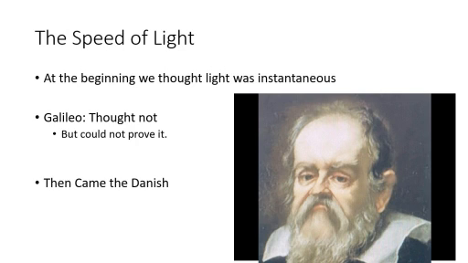And so he would use an experiment where him and somebody else would be on two opposite mountains, or two opposite hills. They would turn on a flashlight, or they'd shine a light, and then when the person saw it, they shone a light, and then you would basically time it from the start to the finish.